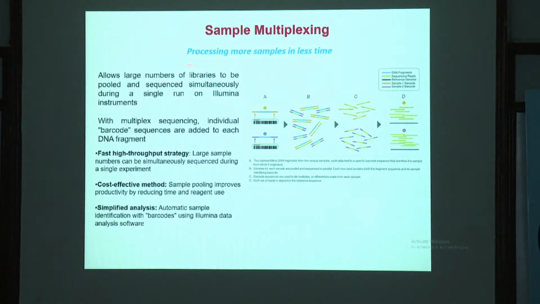It allows a large number of libraries to be pooled and sequenced simultaneously during a single run on an Illumina instrument. With multiplex sequencing, individual barcode sequences are added to each DNA fragment or each sample. Did you get multiplexing?